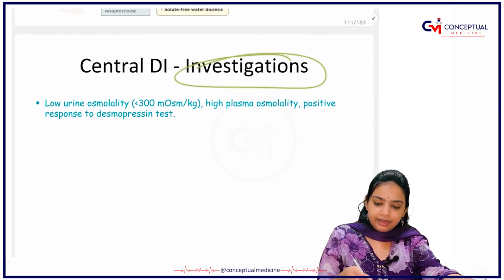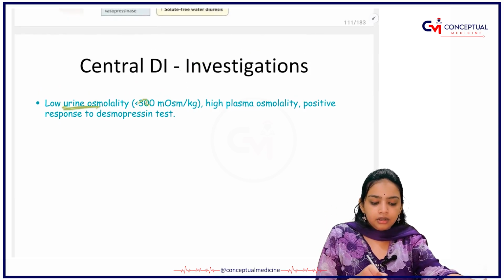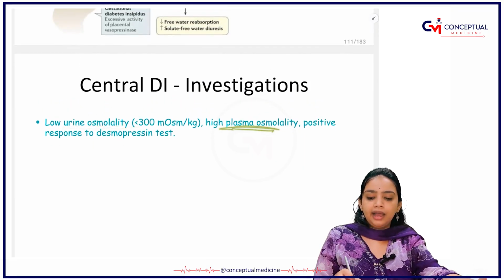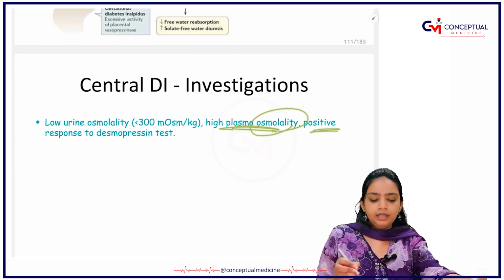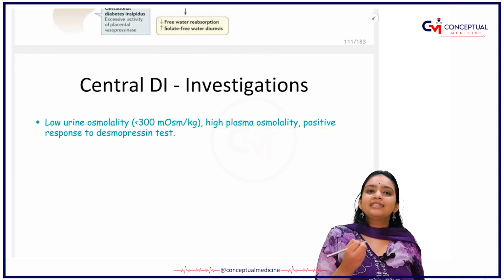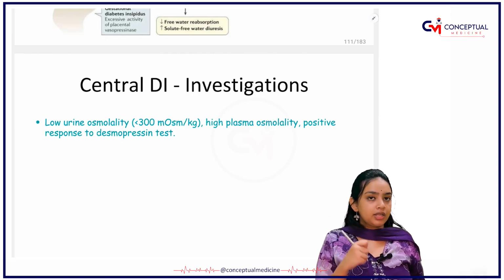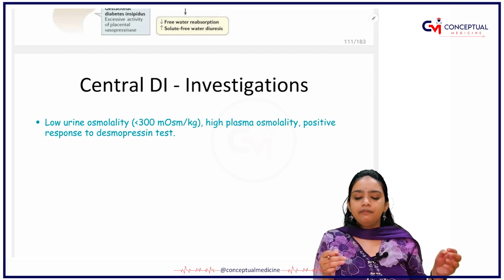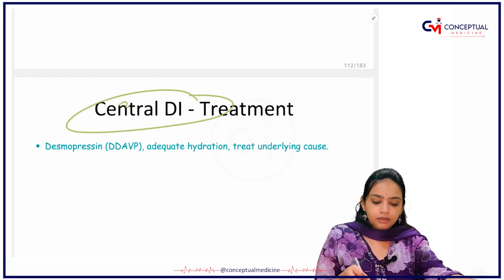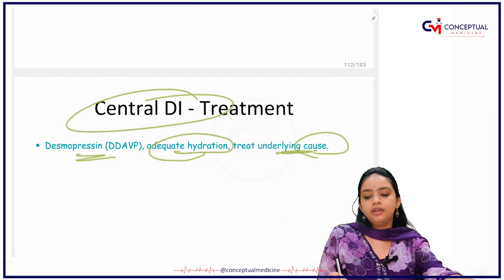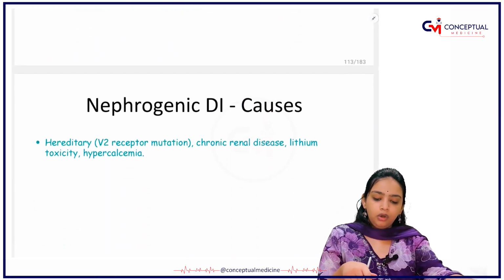If I talk about the investigations, you will see low urine osmolarity and high plasma osmolarity, with a positive desmopressin test. In your medicine lectures you will learn about the desmopressin test, where the results will be very positive. The treatment is desmopressin and adequate hydration, and you have to treat the underlying cause.